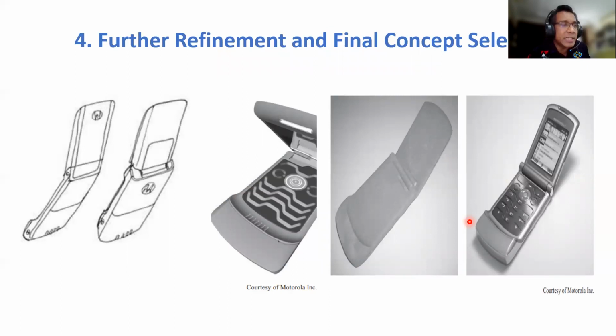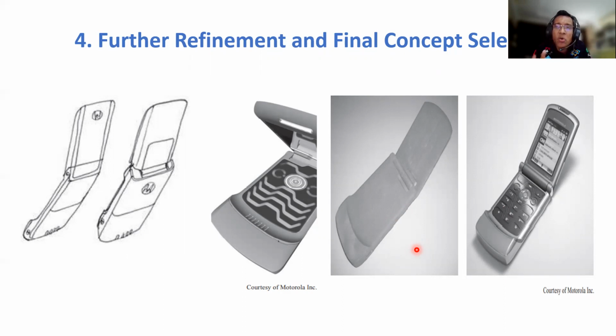And then step number 4 is further refinement and final concept selection. At this stage, you can see industrial design switches from the soft model and the hard model information intensively to the drawing. They turn all this to the final stage, intensively to the drawing. So we call it the final process, rendering.